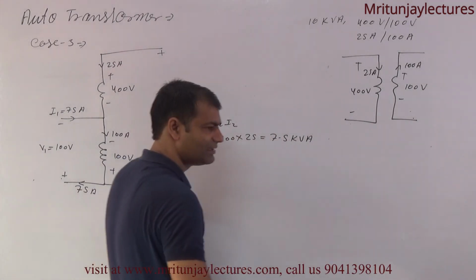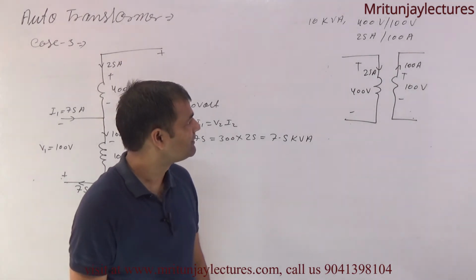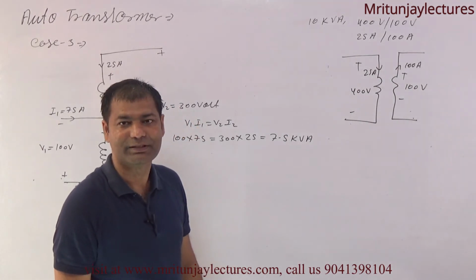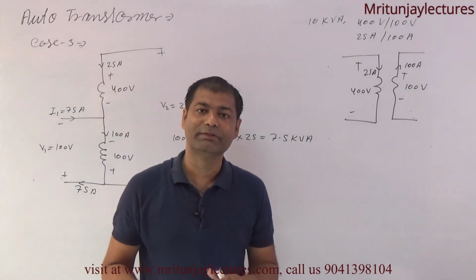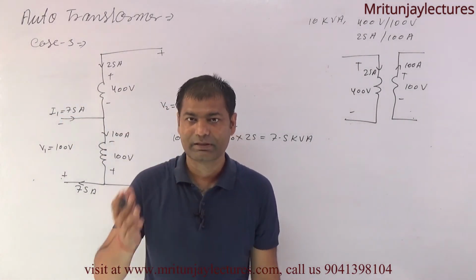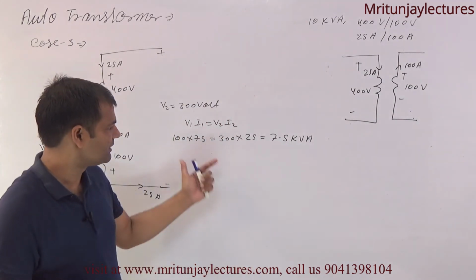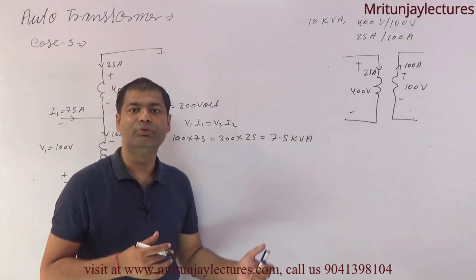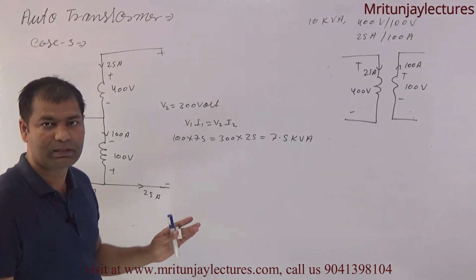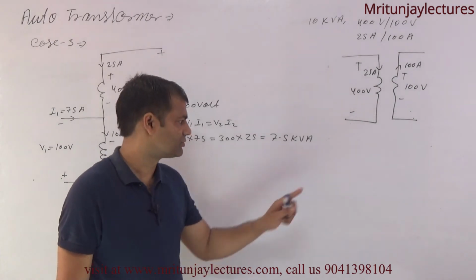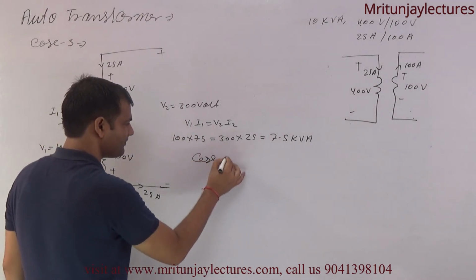Because the kVA rating is poorer than the two winding transformer. After connecting the conducting wire, we get a poor kVA rating, so it is not effective from an engineer's point of view.